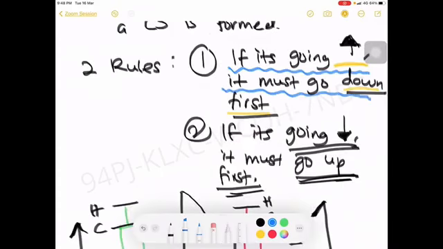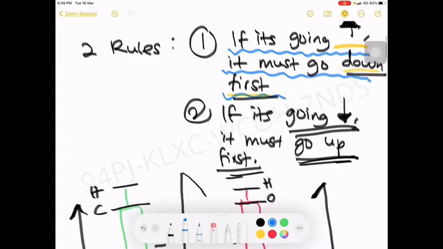If it wants to go up, where does it need to go first? What did we learn before? If it's going up, it must go down first. If it's going down, it must go up first.